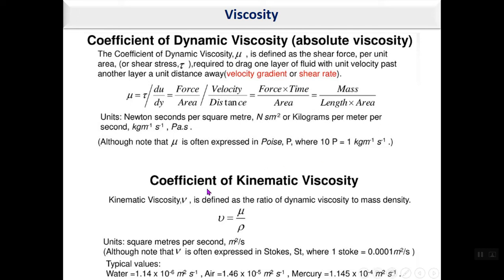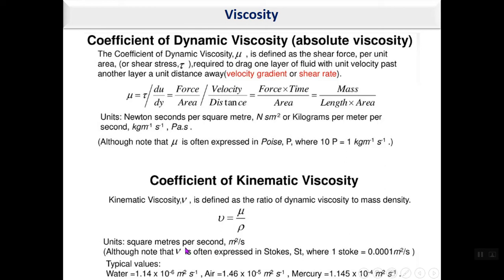Kinematic viscosity, as you can see here, is the ratio of dynamic viscosity to mass density, and its unit, as you can see here, has no sign of force or mass, so it is named the kinematic viscosity. It is meter squared per second.